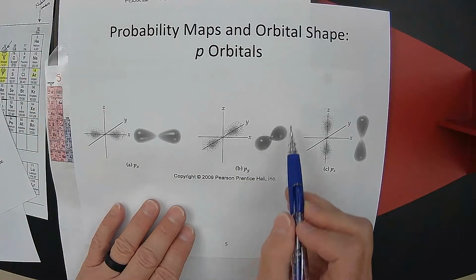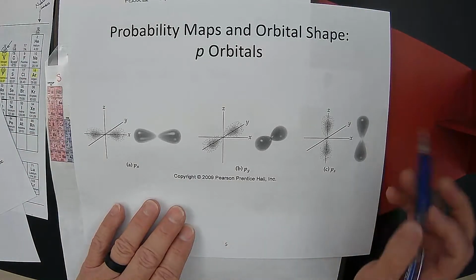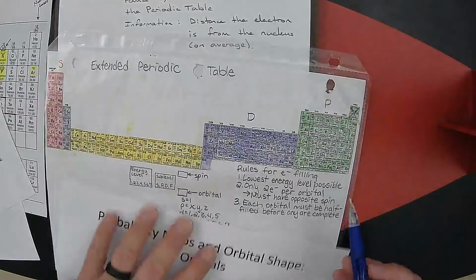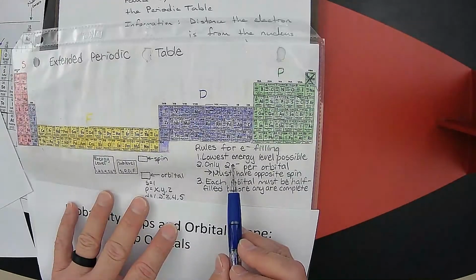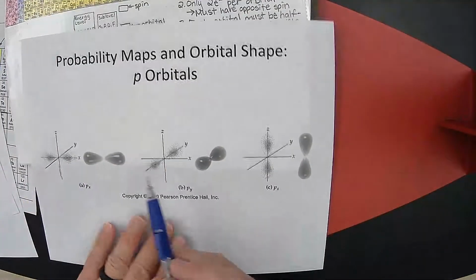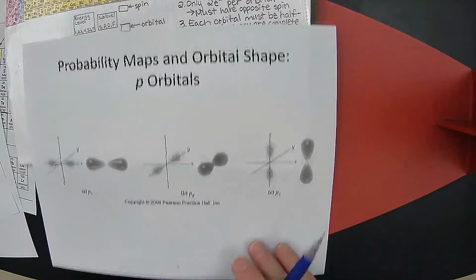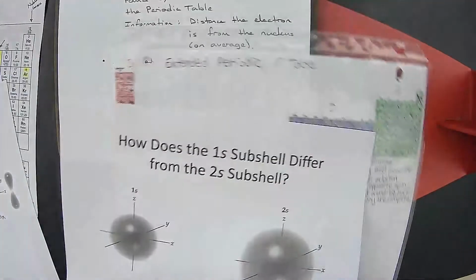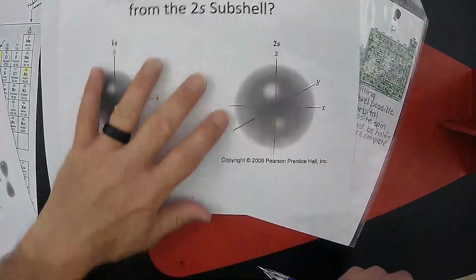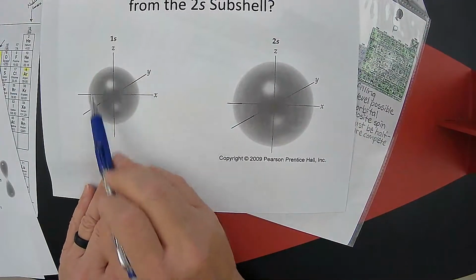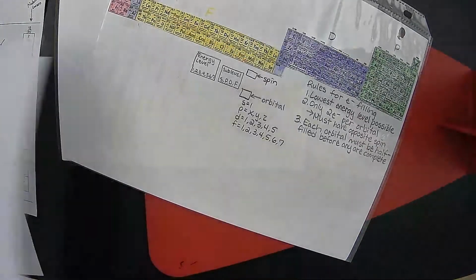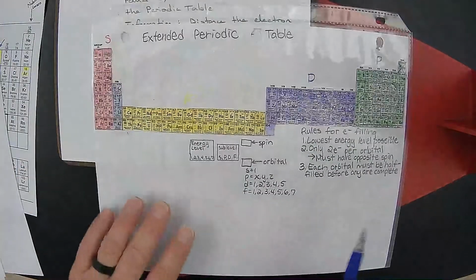We have 3. That's why the p has 3 orbitals, because each orbital can only fit 2 electrons. And when you count across the p's, you have 6 electrons, so you need 3 orbitals. But the s going across, you only count 2 electrons, so you only need 1 orbital for each row or principal quantum number.